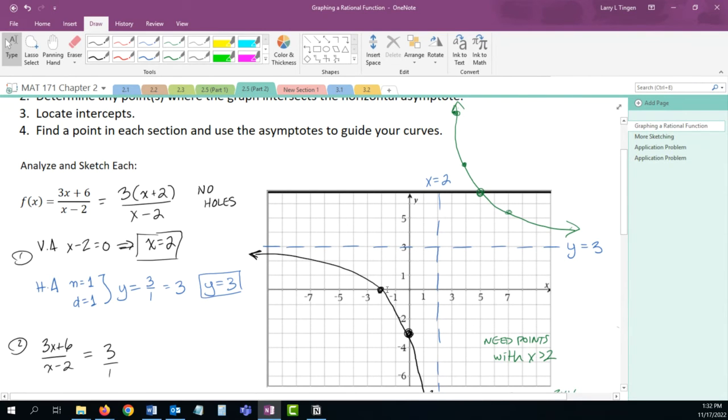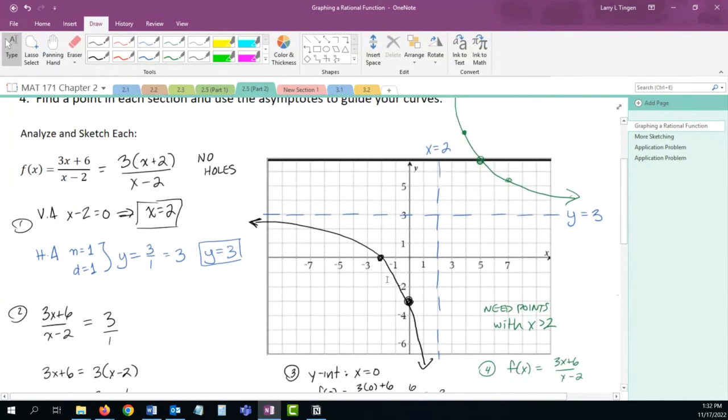When x goes to the right of -2, what happens? The numerator becomes positive all the time. The denominator stays negative, so positive divided by negative is a negative. And you see how I dive down toward negative infinity?